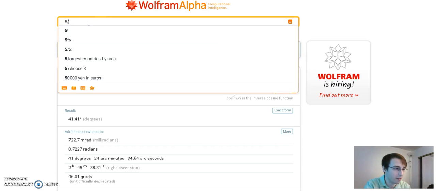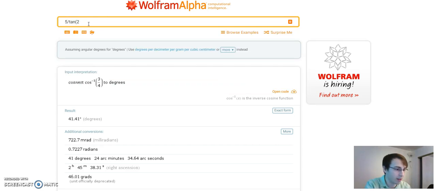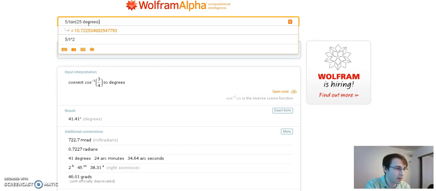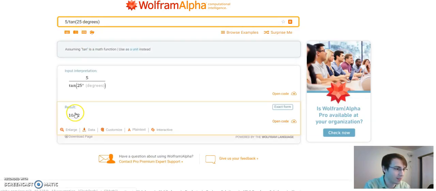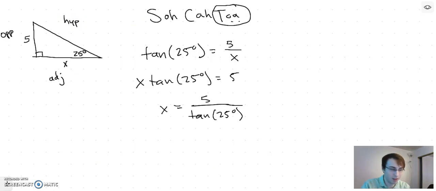So 5 divided by tan 25 degrees. I'll just show you the answer. 10.72. Alright, so x is about 10.72. That's just an approximation. It's not exact, but it's rounded to the nearest hundredth place.